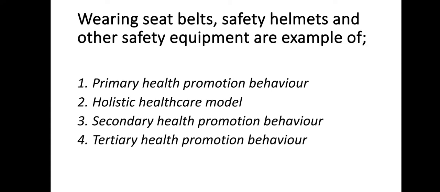Here the answer is primary health promotion behavior. In this question, wearing seat belts, safety helmets and other safety equipment are all things we use to prevent some kind of accidents or risk which could get us into trouble. It is a direct question.